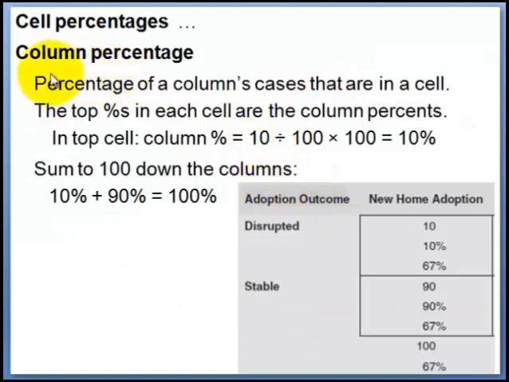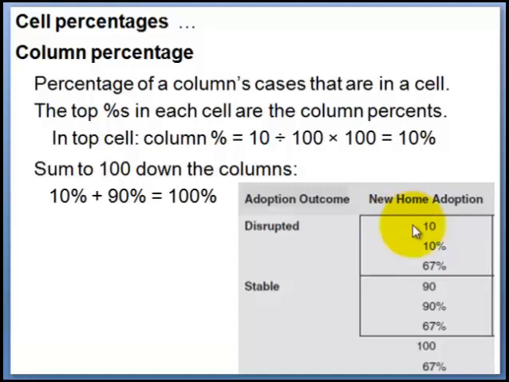Well, here's a little more information on cell percentages. The definition of a column percentage is the percentage of a column's cases that are in a cell. Where does this 10% come from? Where does this column percentage come from? Well, there are 100 cases in the column. 10 of those cases result in disruption.